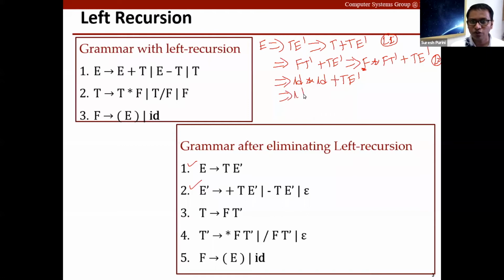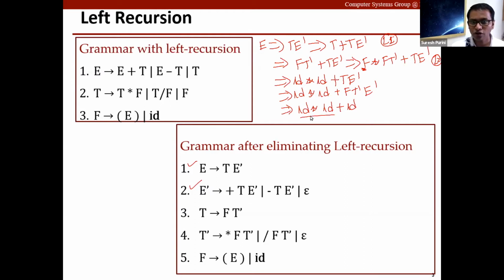So again, what you do is ID star, and the term is FT prime E prime. ID star ID, and this factor we replace with ID, T prime we replace with epsilon, and E prime we replace with epsilon.